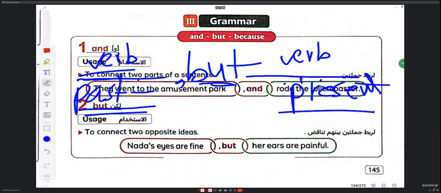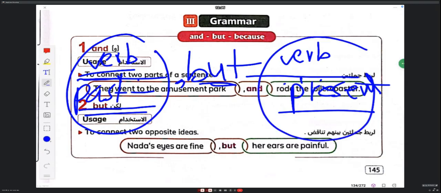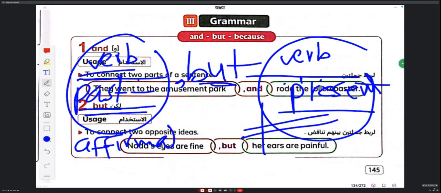But is for contrast; what is here is contrasted, what is here is not equal. Maybe here is affirmative and here is negative, or vice versa.